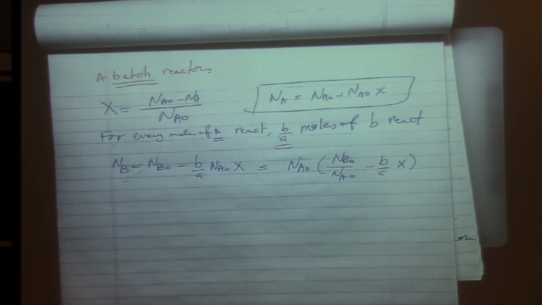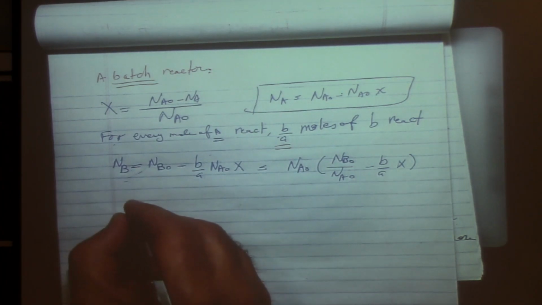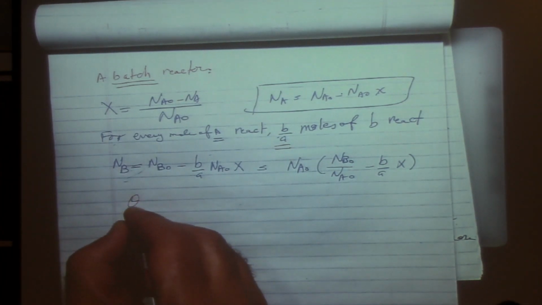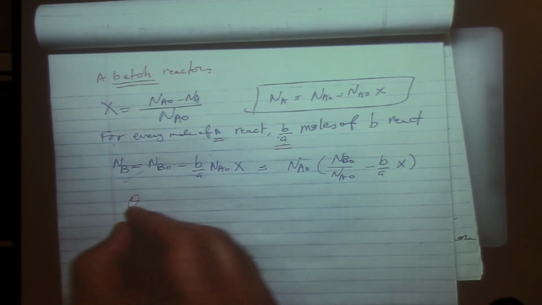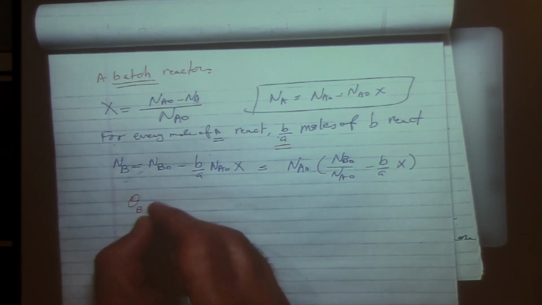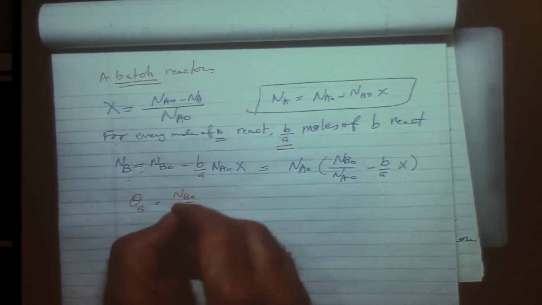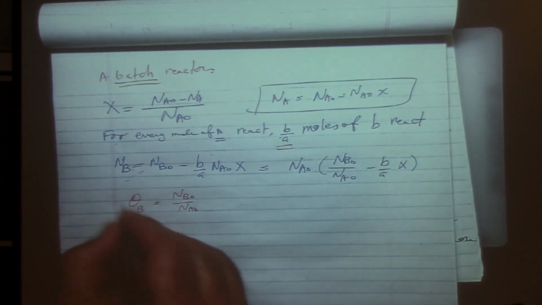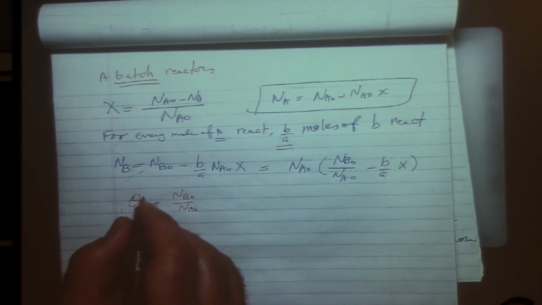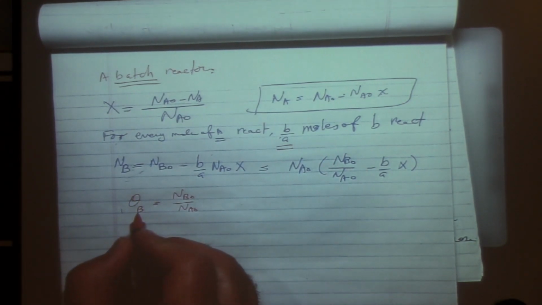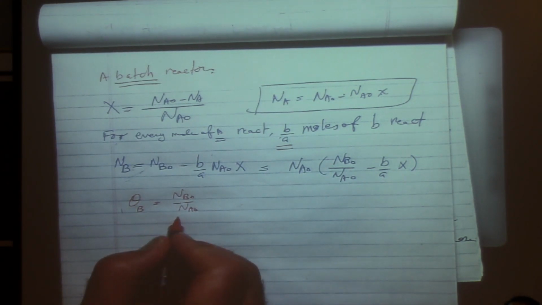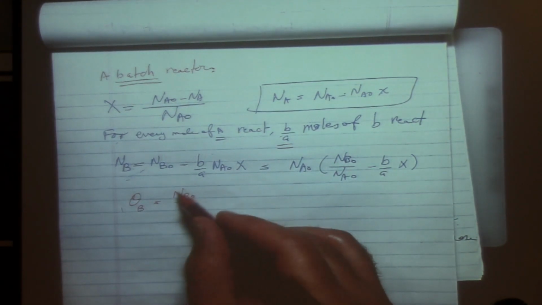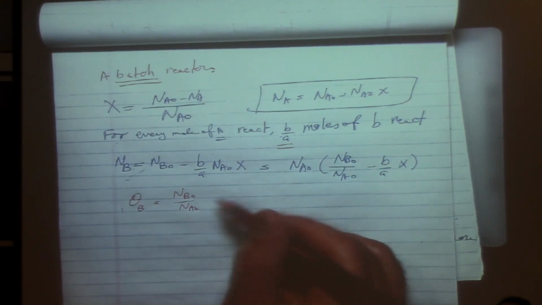Here I'm going to define a parameter, which we call theta, and I will put an index depending on which theta I'm talking about. If it's theta B, that would be NB0 over NA0. We're going to use this theta in the table, so just keep in mind, don't get confused. What is theta A? 1, very good. Theta B is NB0 over NA0, theta C would be NC0 over NA0, theta D the same thing.